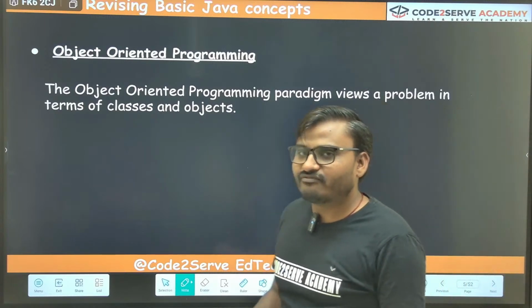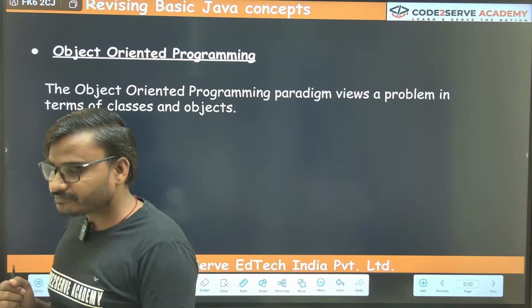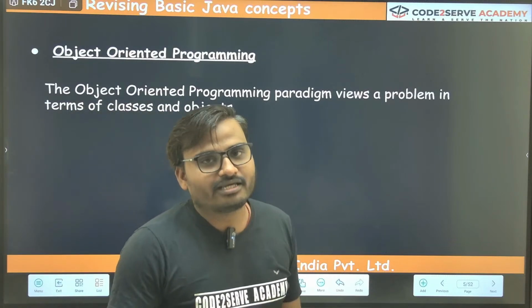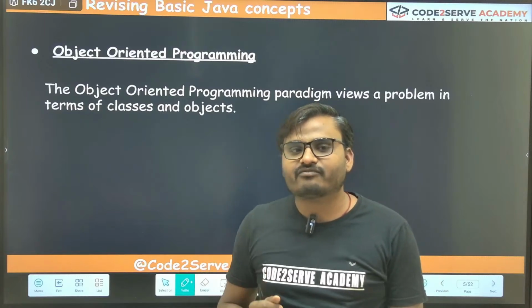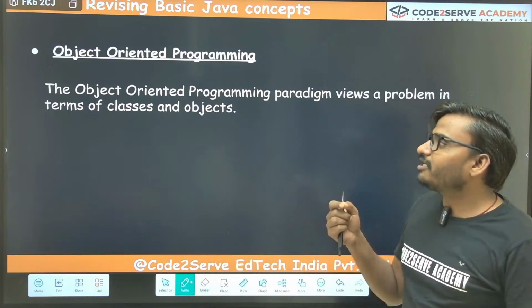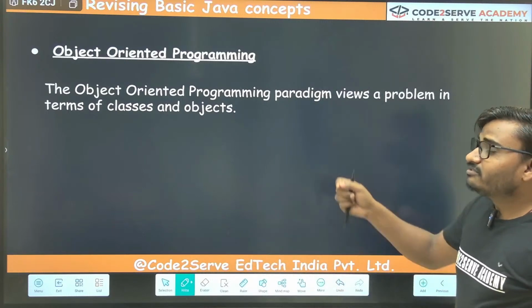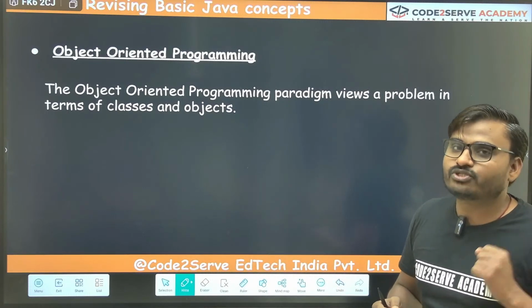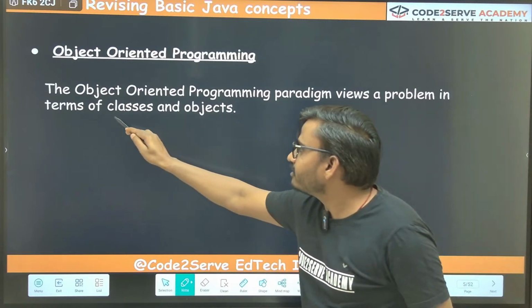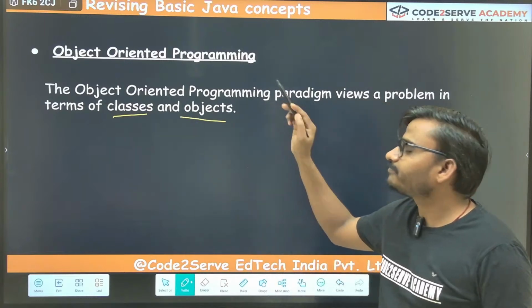Now come back to what we are going to learn. As I told you, our main focus is on object-oriented programming languages. In object-oriented programming, there are two things you should know: one is class, and the second is object.